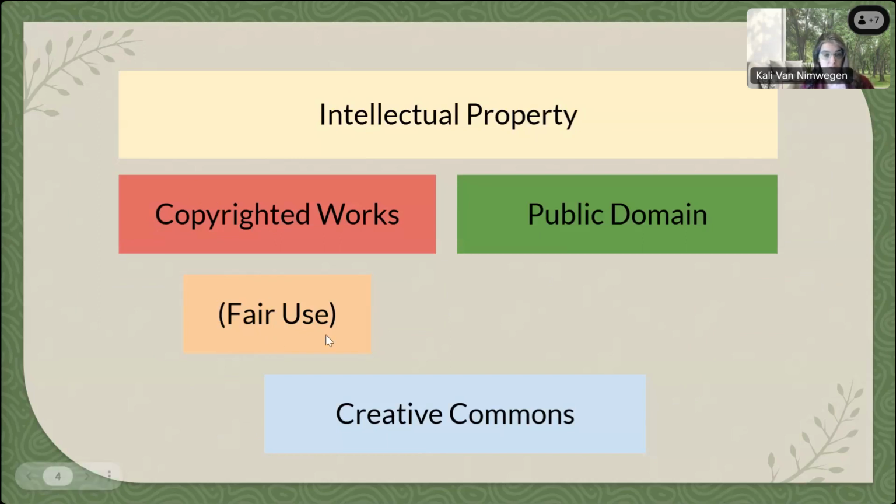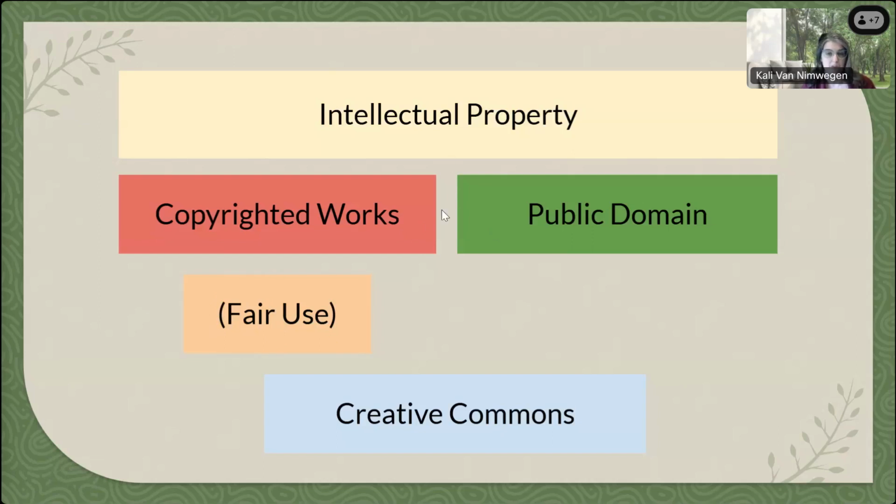There's a smaller subcategory in here for fair use for different types and forms of use, and then the public domain is intellectual property that for one reason or another is no longer under copyright or has never been under copyright to begin with, and those are completely free to use.